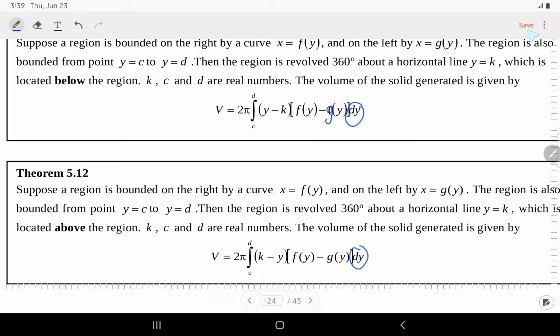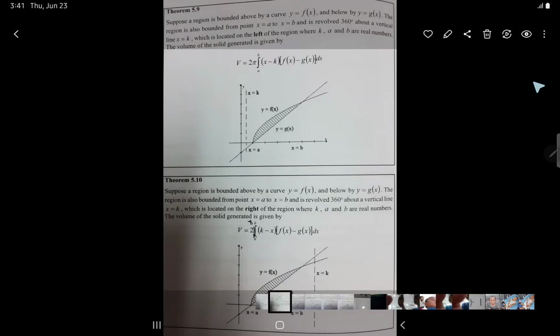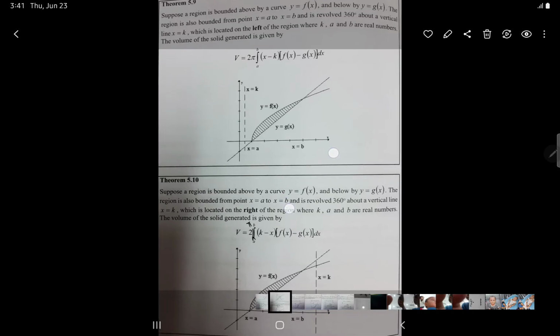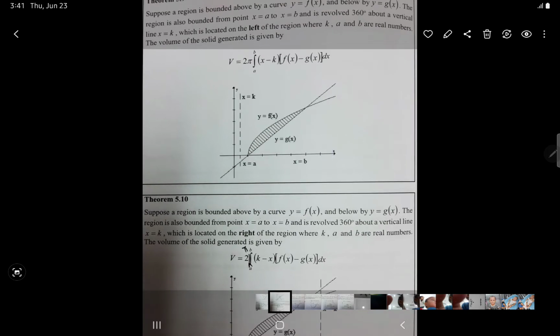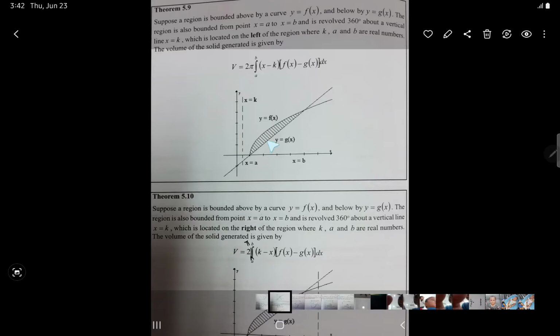In terms of the graph, we use theorem 5.9 if the axis of revolution is vertical and the shaded region is on the right of the axis of revolution, which means the axis of revolution is on the left of the shaded region.